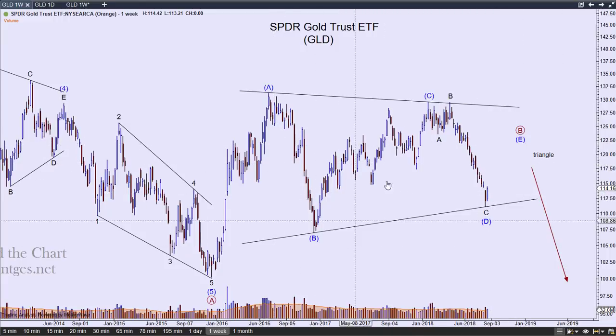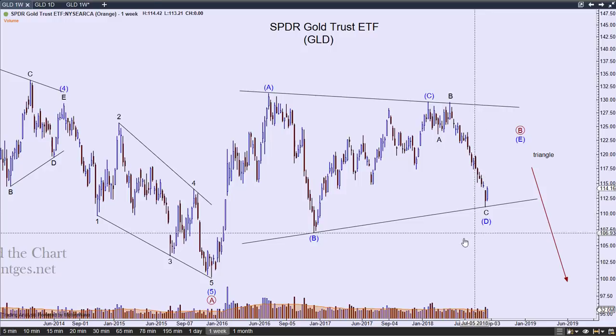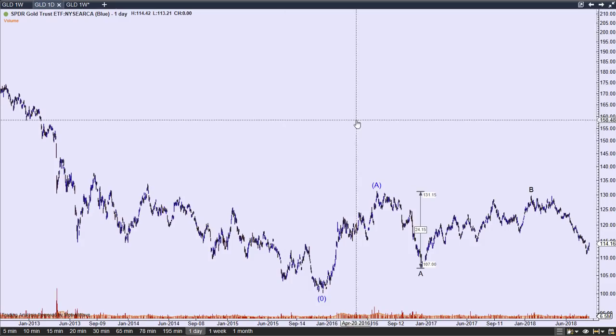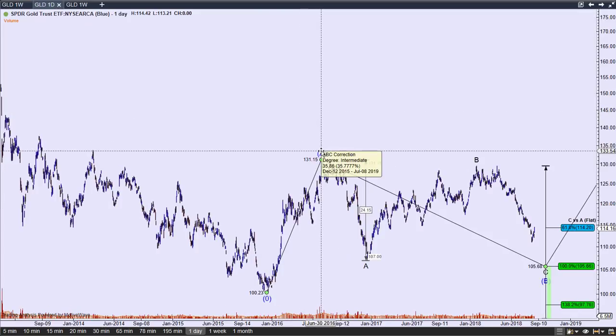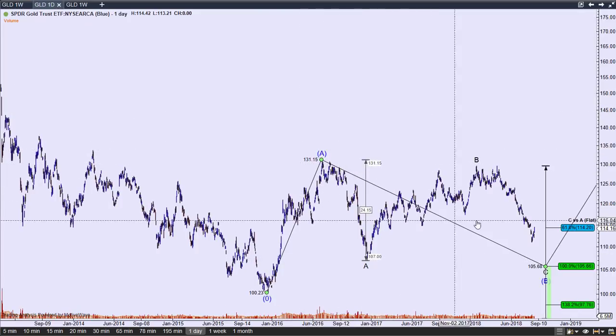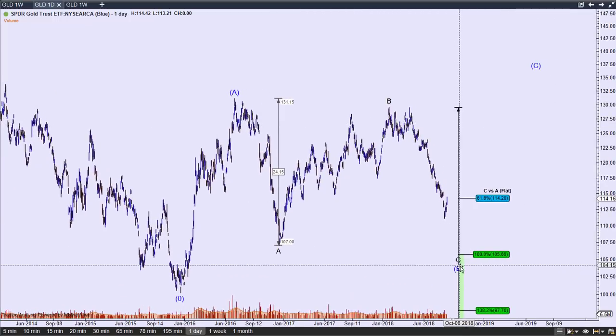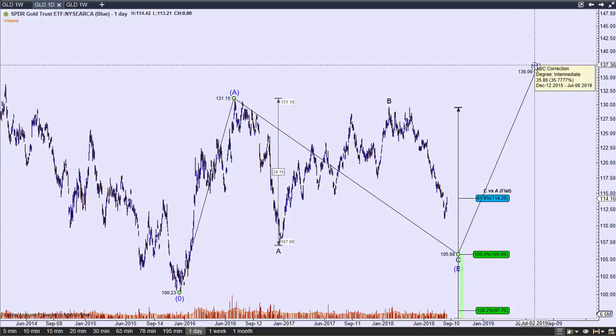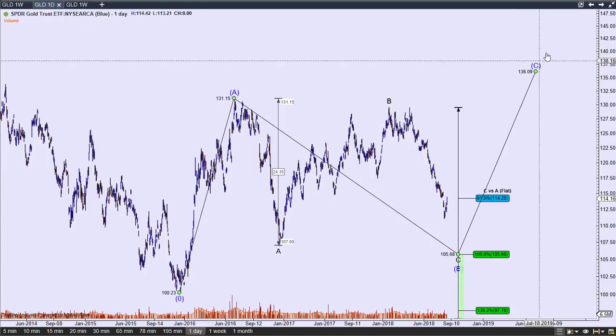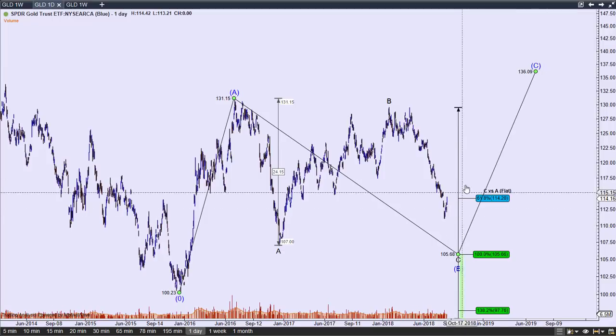The alternate says this is a potential flat, and therefore, once the flat completes, we have one more move to the upside up to C, and that would complete primary wave B. So the real question is, once this starts to go, that's why I'm a little cautious about this: is this a fake out, or is it really trying to go?